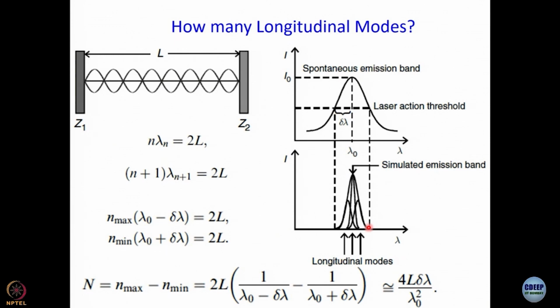Roughly you get something like this. You will definitely get L delta lambda in the numerator, you will definitely get lambda 0 square in the denominator. That 4, instead of 4 it can be 4.12 or 3.89, it can vary a little bit depending on what kind of spectrum you have and what kind of system you have. But roughly this constant multiplied by L delta lambda by lambda 0 square will hold.